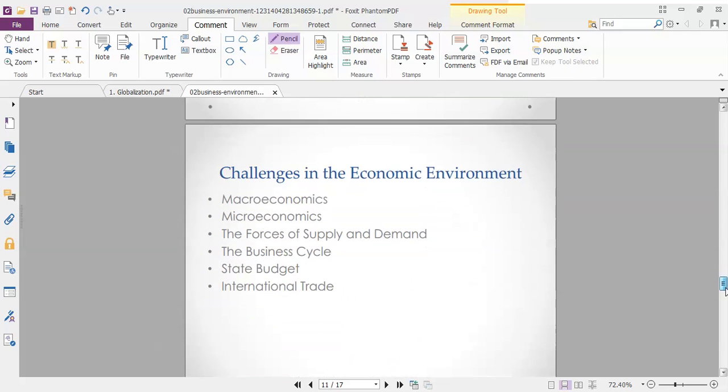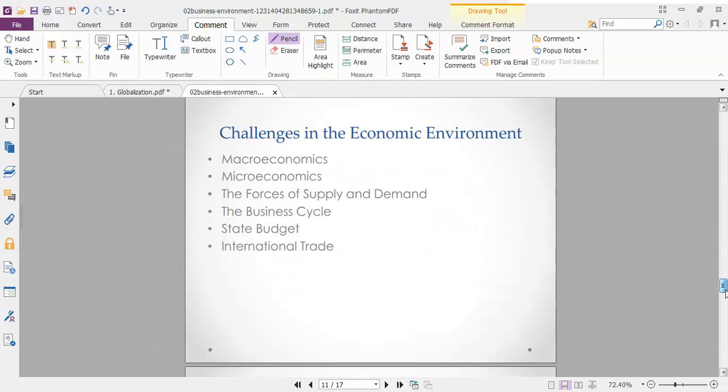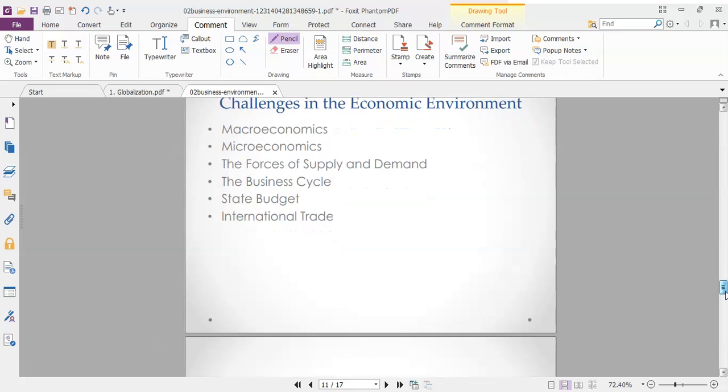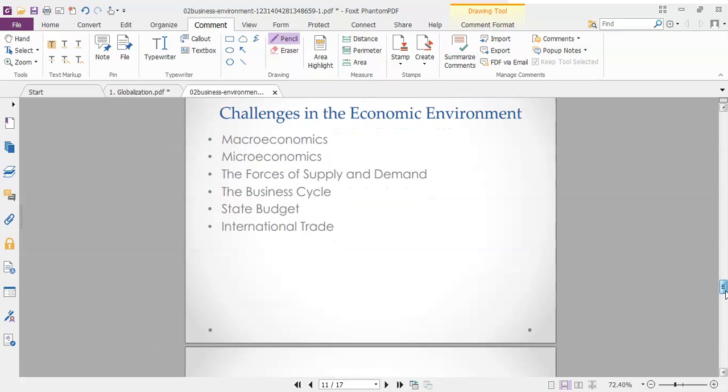What are the challenges in the economic environment? In macroeconomics and microeconomics, the forces of supply and demand, the business cycle, state budget and international trade. The economic environment is not only about macro and microeconomics, because of the inflation of the economy in the country, but also the forces of supply and demand.